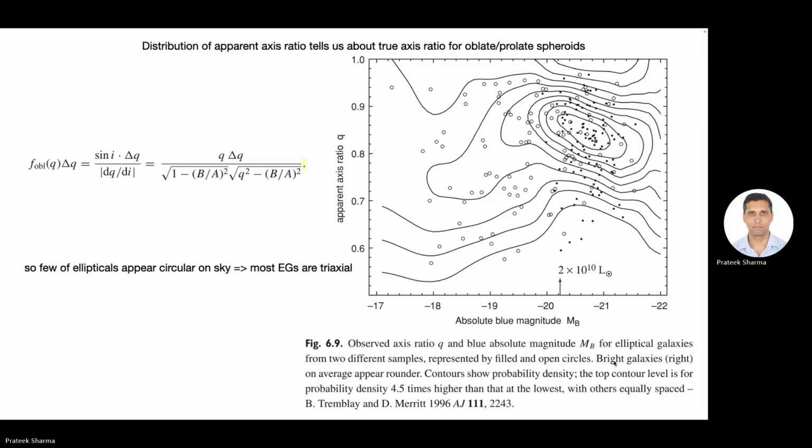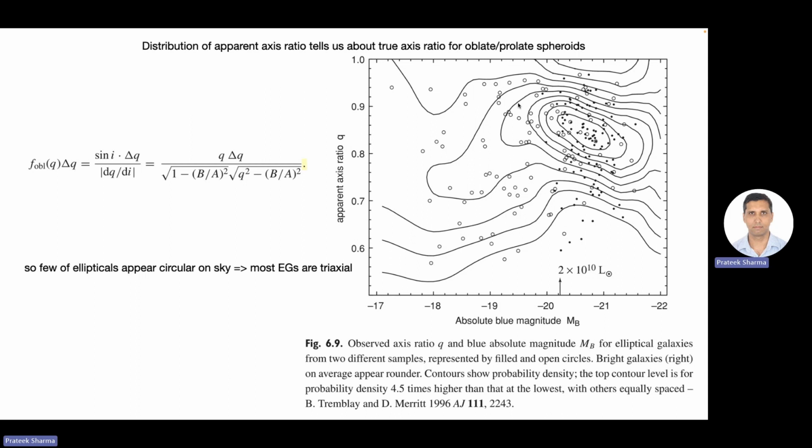So what it means is that the brighter galaxies are closer to spherical than the dimmer diffuse galaxies. These are just the data, individual galaxies; the dots are individual galaxies.